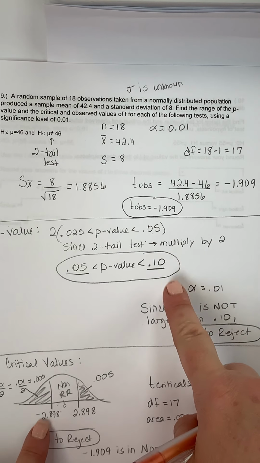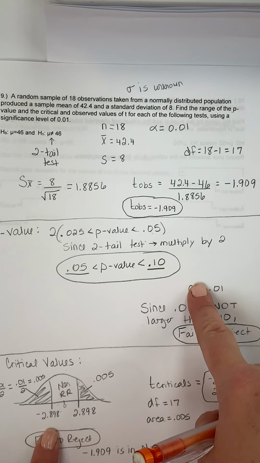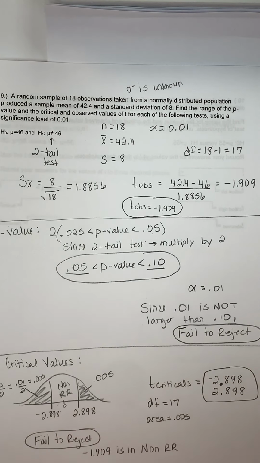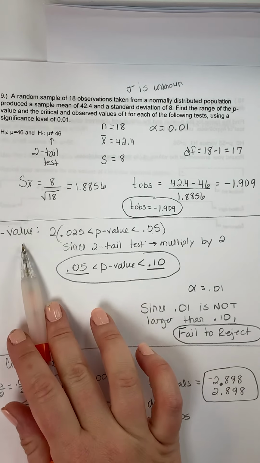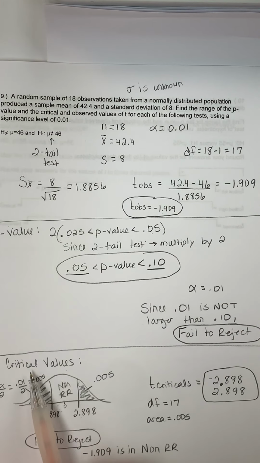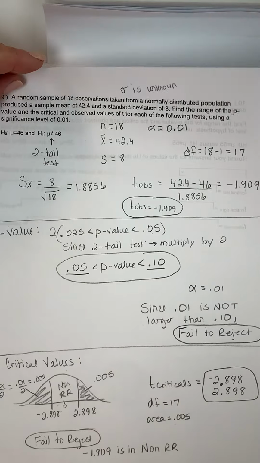Then if you wanted to follow through with both approaches, you could, just to make sure that in fact they do give you the same end answer. Okay. All right, that was tricky because it was that two-tailed test. For the p-value, we multiply these areas by 2. For the critical value, we divide alpha by 2 first before we get our criticals.